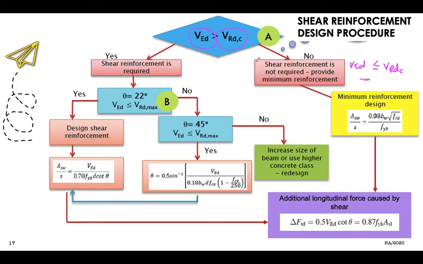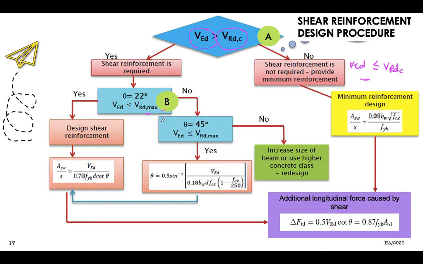But if our value VED is larger than VRDC, we know that shear reinforcement is required, so we go to the left flow. Therefore we need to calculate another value. Using the same VED value, we calculate VRD max to be compared with that VED.